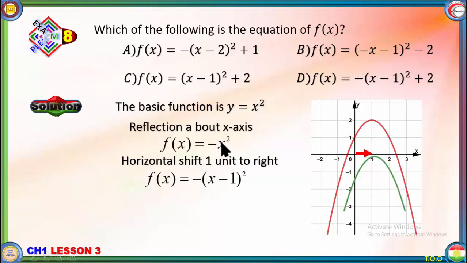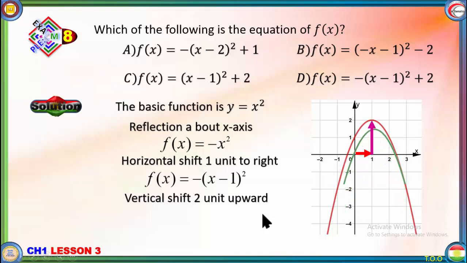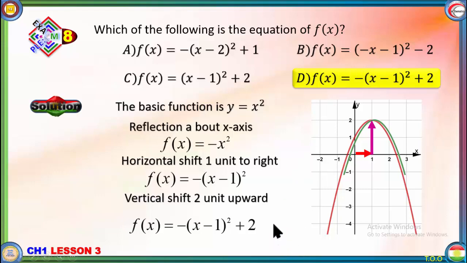Therefore, the value of x is changing, (x minus 1) squared. And as you can see, the vertex of this is above this one. Therefore, we must move it upward 2 units. Therefore, it becomes here. And the function f(x) equals minus (x minus 1) squared becomes minus (x minus 1) squared plus 2. D is the correct answer.